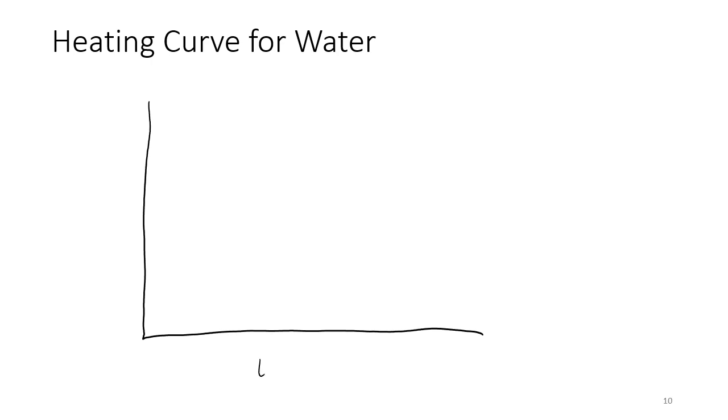So we have time on the x-axis, and temperature on the y-axis, in degrees Celsius. Some important pieces of information: the freezing point or melting point of water is equal to 0 degrees Celsius. The boiling point of water is equal to 100 degrees Celsius.